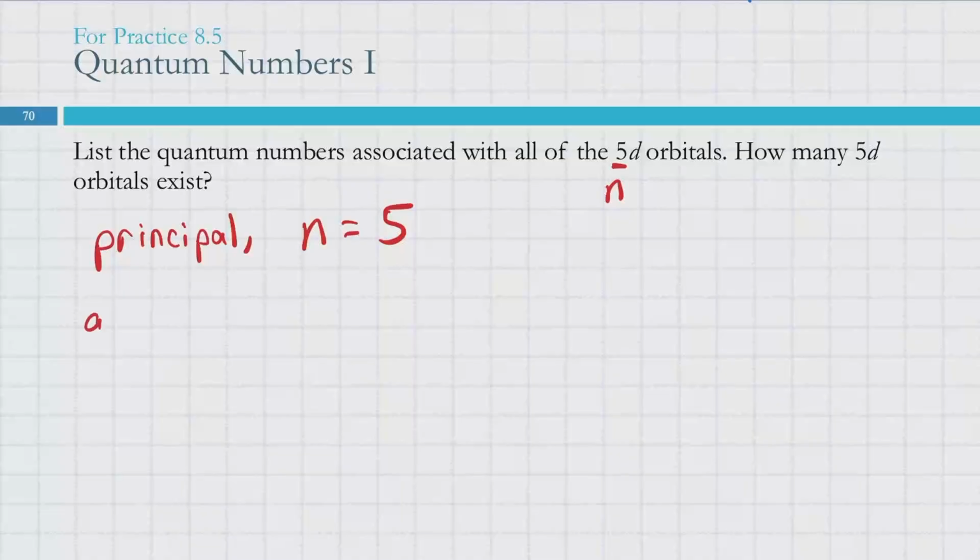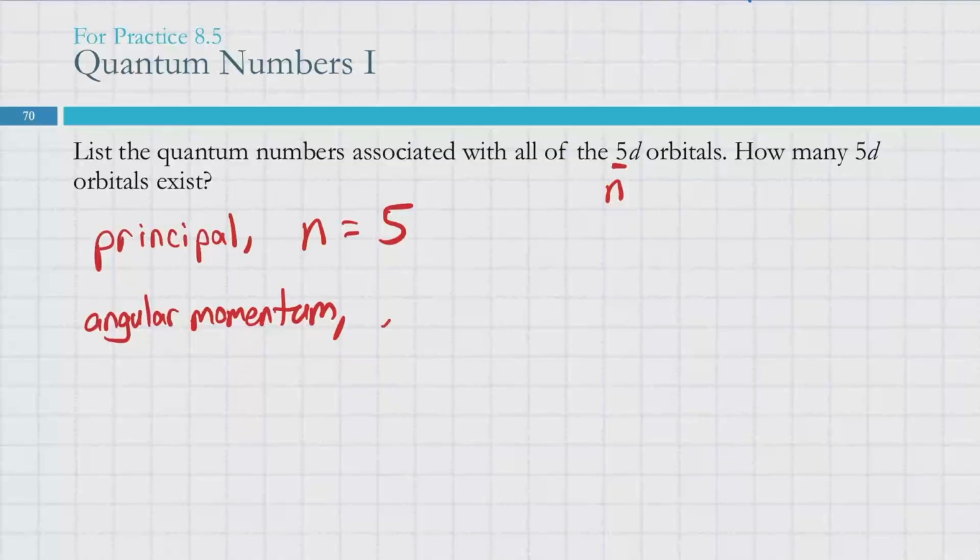This is our angular momentum quantum number. D has a number that's associated with it. Do we remember what our symbol for angular momentum quantum number is? What letter symbol do we give it?